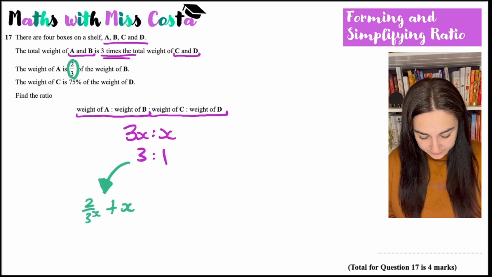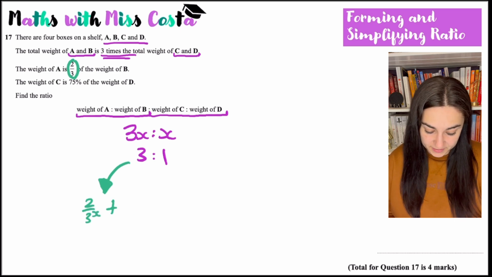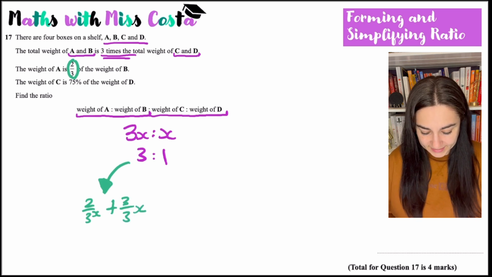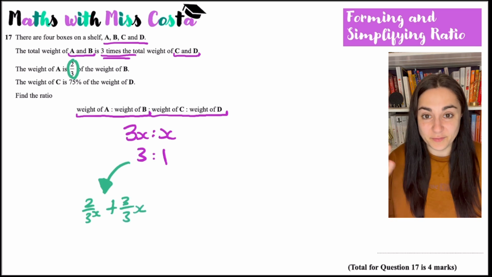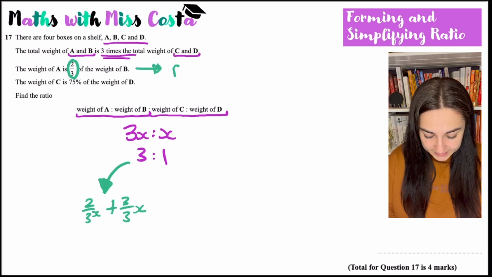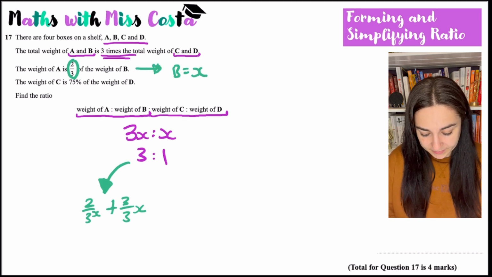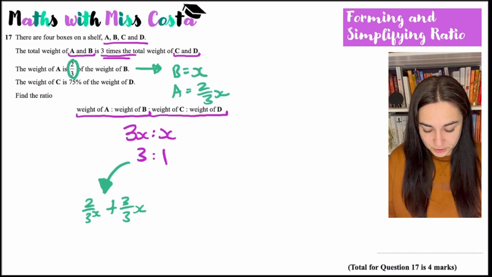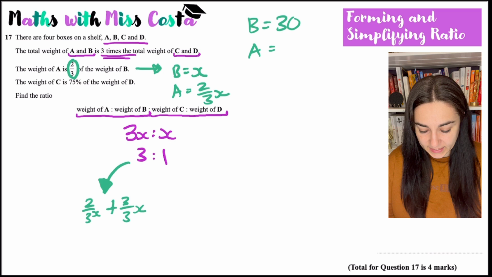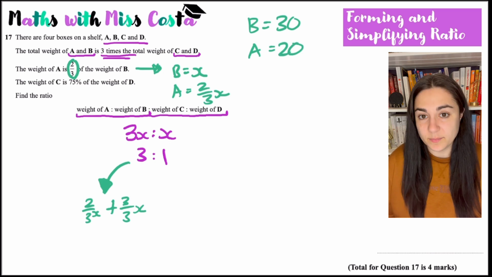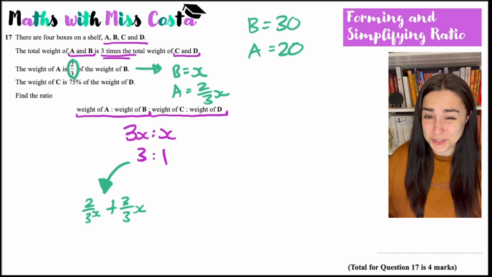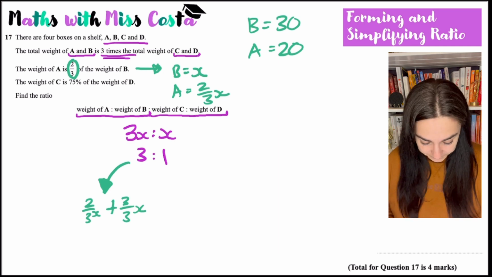So 2/3 of X plus X, which I could actually write as 3/3, just so that you see what's going on, because X is a whole value, whatever B is, the value that I'm relating to. A is going to be 2/3 of it. So if B was 30, A would be 20. But I'm just calling it X because I don't know the value.